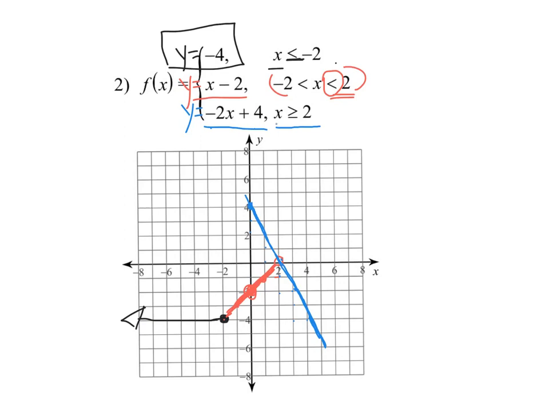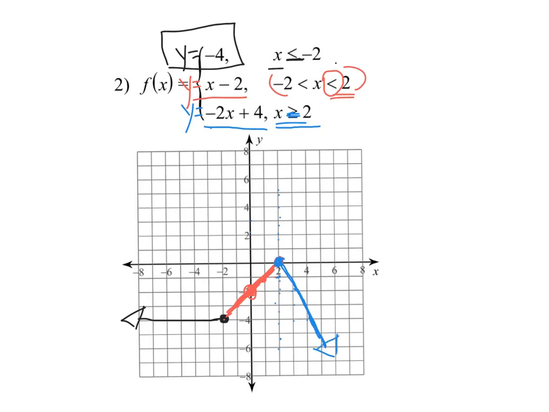But I only care about x's that are greater than or equal to 2. These are all my x's greater than or equal to 2. So I'm going to go ahead and get rid of anything that comes before x is equal to 2. And since it's an or equal to here, I can make it a solid circle where the x is equal to 2.